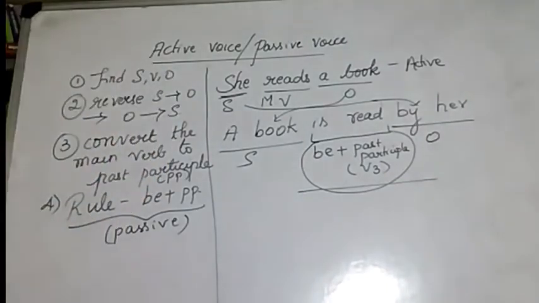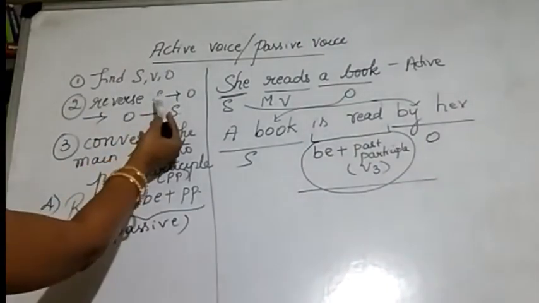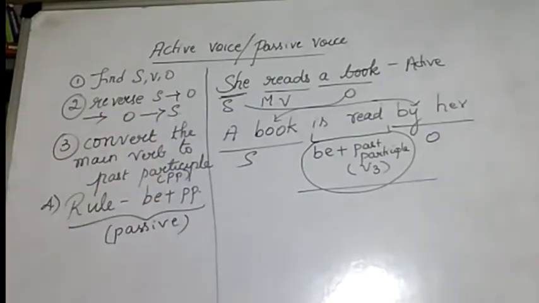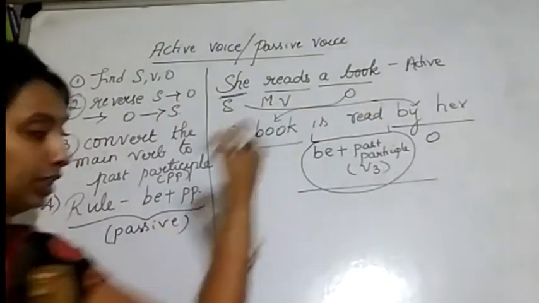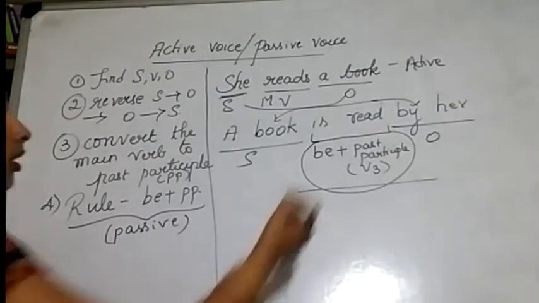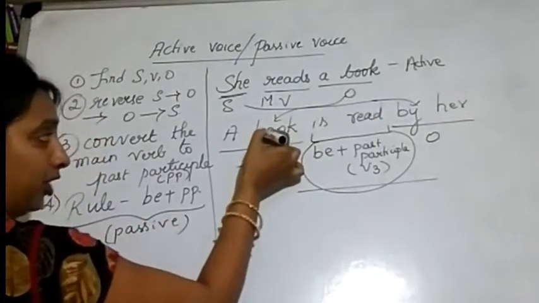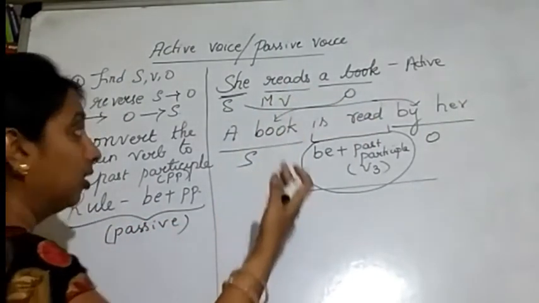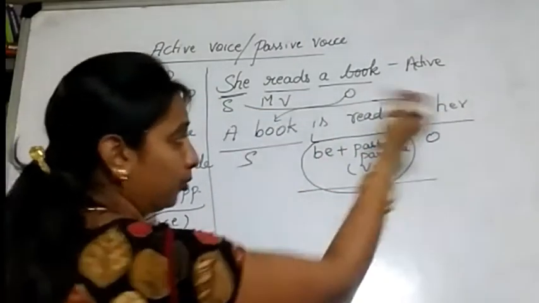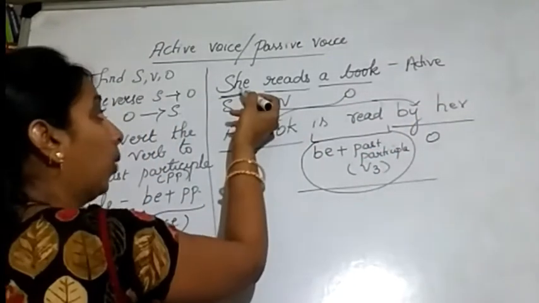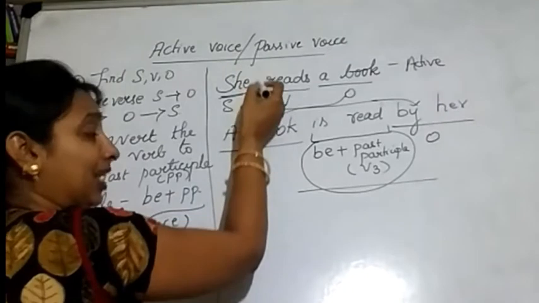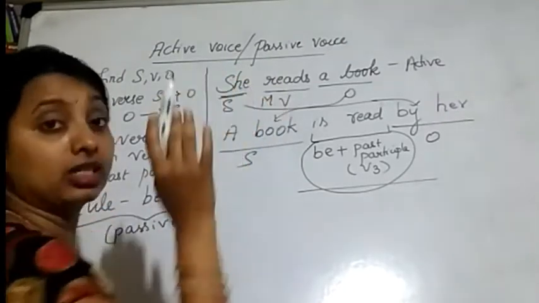In the second step, we have to reverse subject and object. So, here this is a subject and this is an object. This object becomes subject because we have to reverse it. Then subject becomes an object. So when this she is in a subject position, this is she.